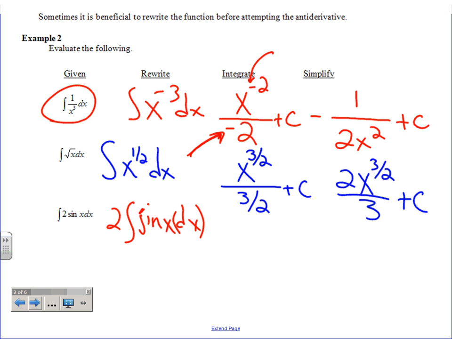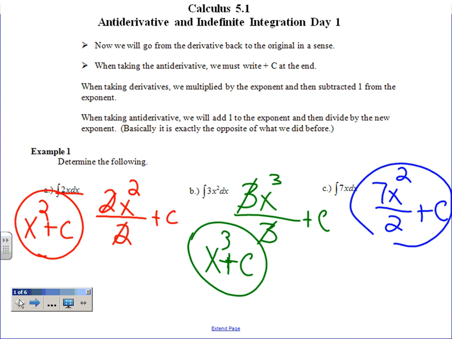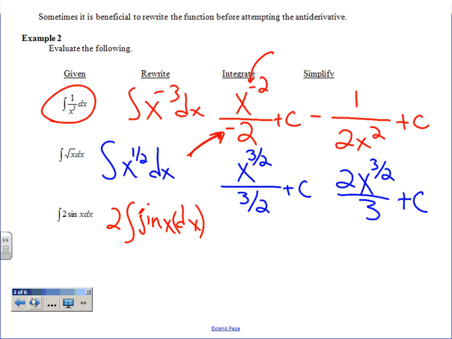So there are a few problems we could have done that on earlier. We could have done that on basically any of these three, but we didn't really need to because they were pretty simple problems. The only reason I would choose to do it here is it's the first time you've seen trig for integrating.